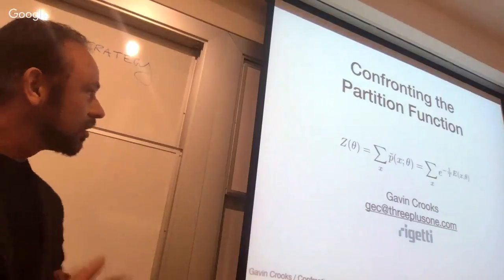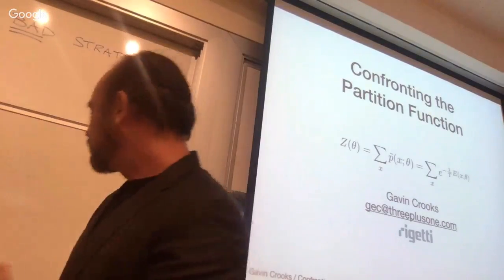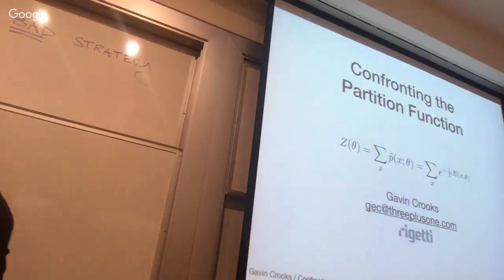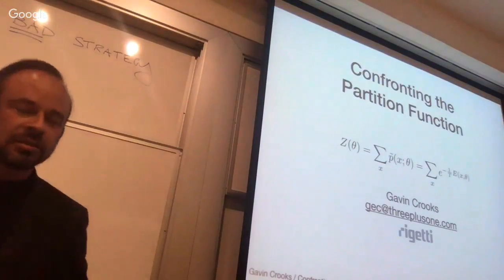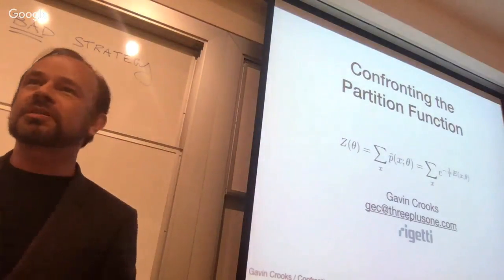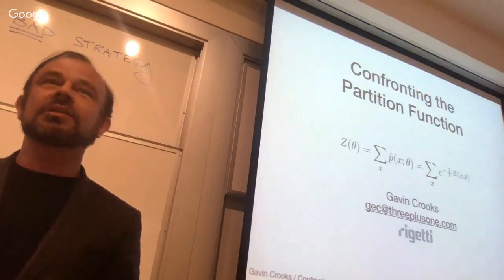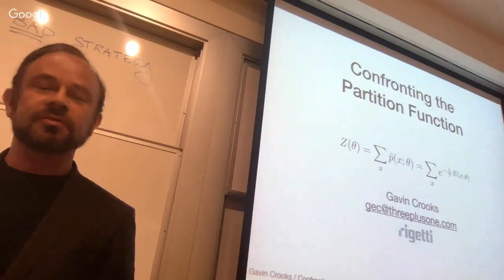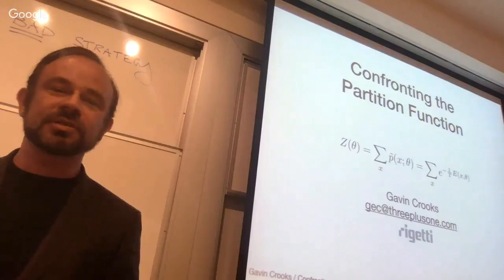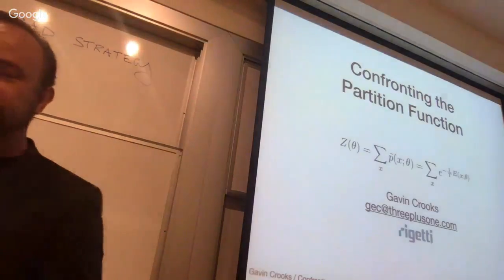Excellent. The partition function. So let's first talk about what the partition function is and why we care. It's a little awkward because we skipped over the chapter on graphical models, but we alluded to it in the previous talk.